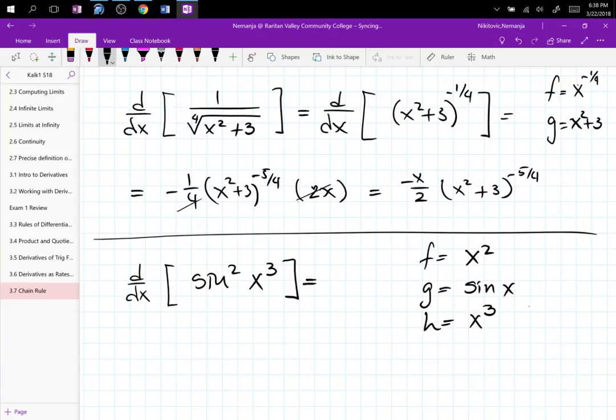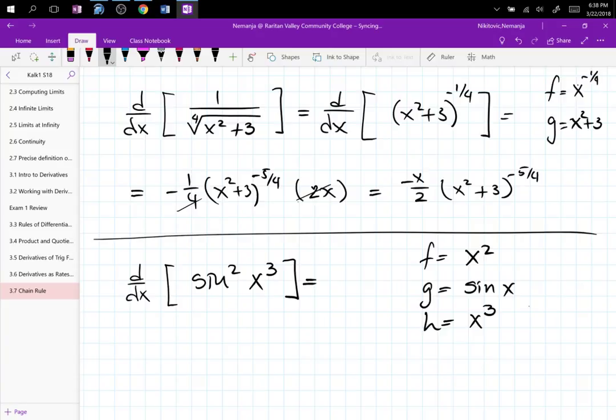So, first of all, this x cubed is buried within the sine. And this square is the most outer layer for everything. So now, once you decompose, it is good practice to say, okay, let me just plug this in for this x. Oh, great, I got sine x cubed.